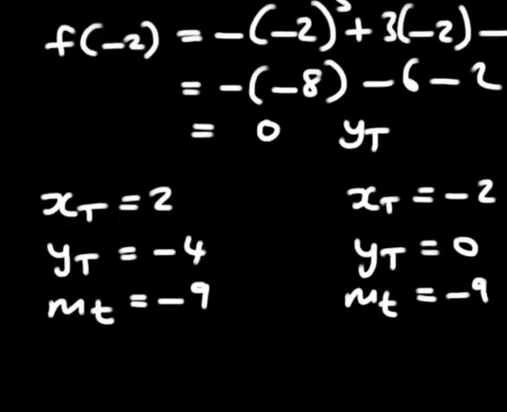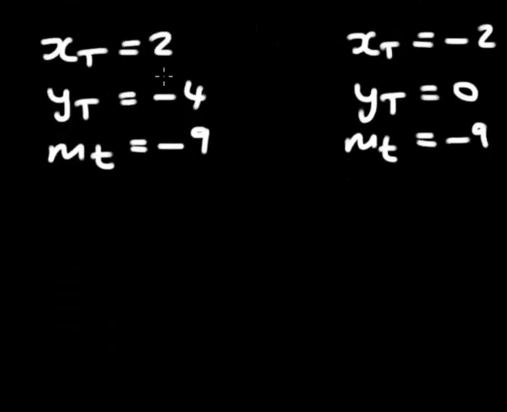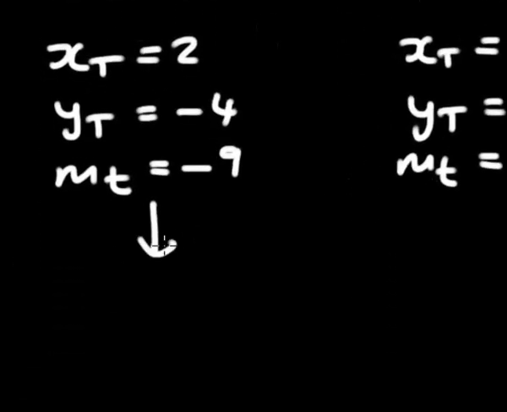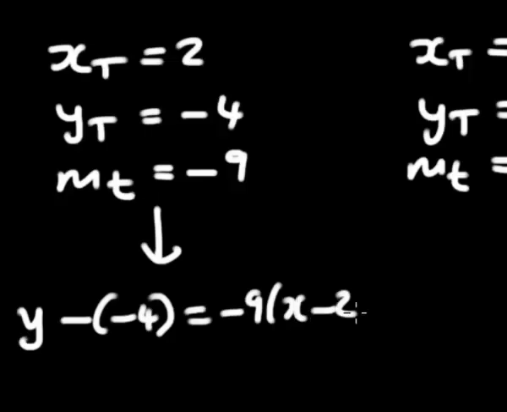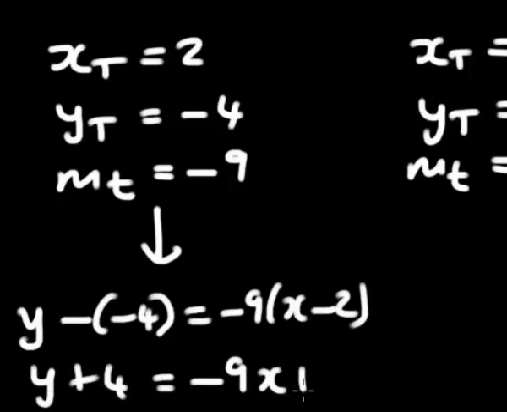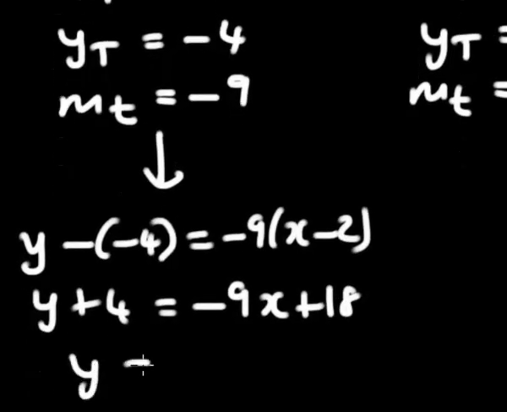So we can get two tangents here. For this one, we can say y minus the y value is the gradient times x minus 2. So y plus 4 is negative 9x plus 18, so y would be negative 9x plus 14.